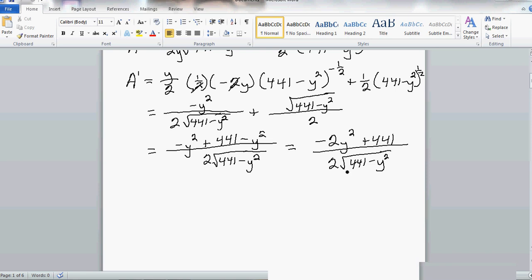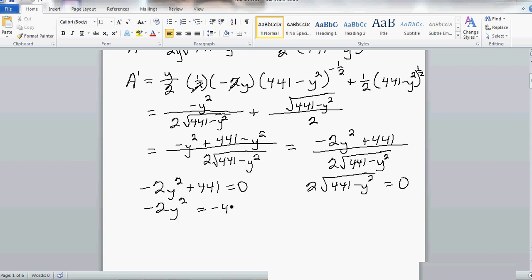Now, just like we have been doing for several weeks now, we set the numerator equal to 0 and set the denominator equal to 0. And so we get negative 2y squared plus 441 equals 0, and 2 square root of 441 minus y squared equals 0. So let's subtract 441 here and divide both sides by negative 2.